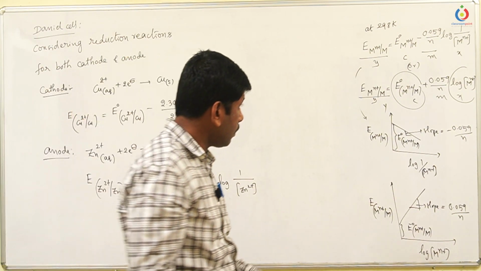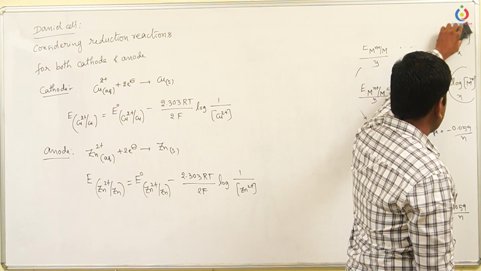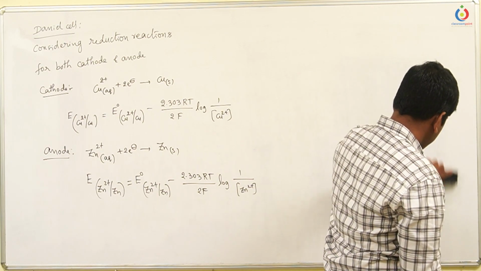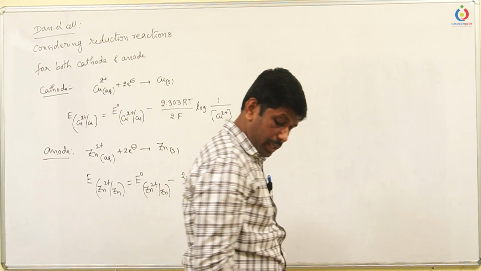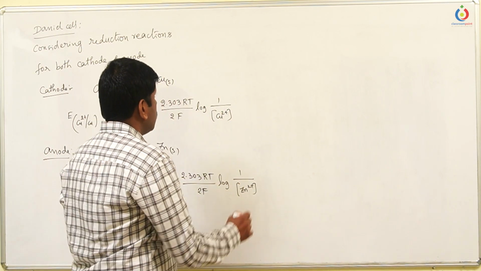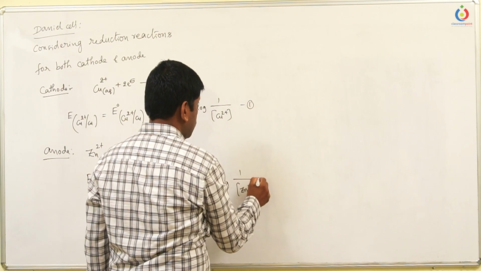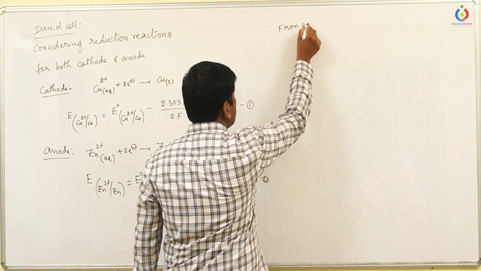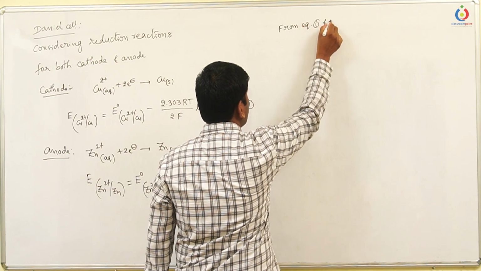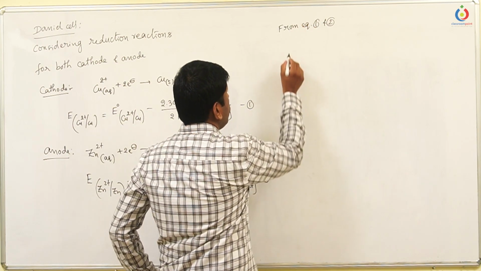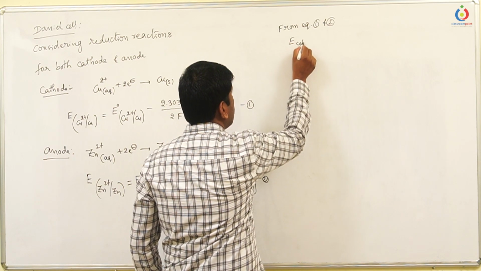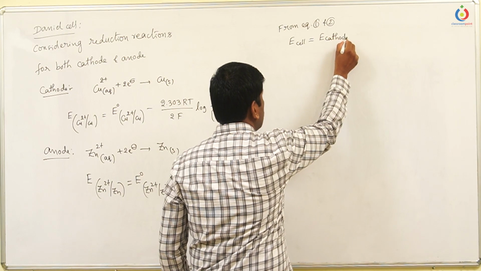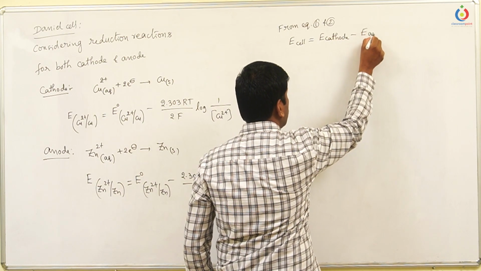Now let us combine these two equations and apply it. Let us consider equation 1 and equation 2. We know that E cell is equal to E cathode minus E anode.